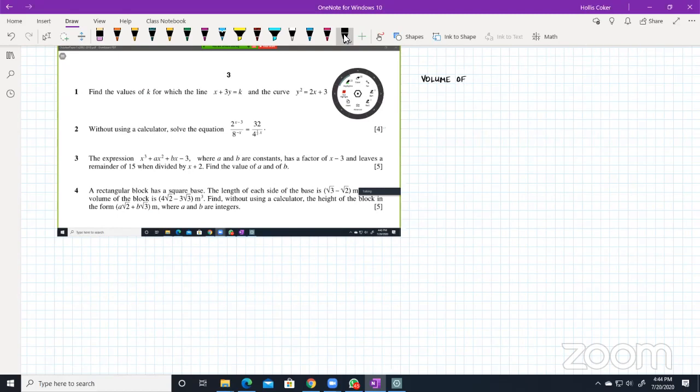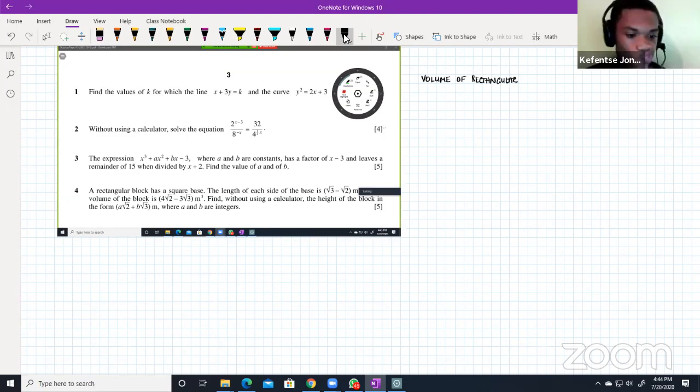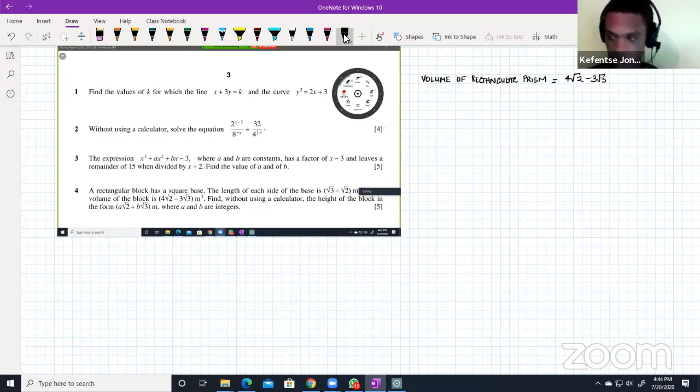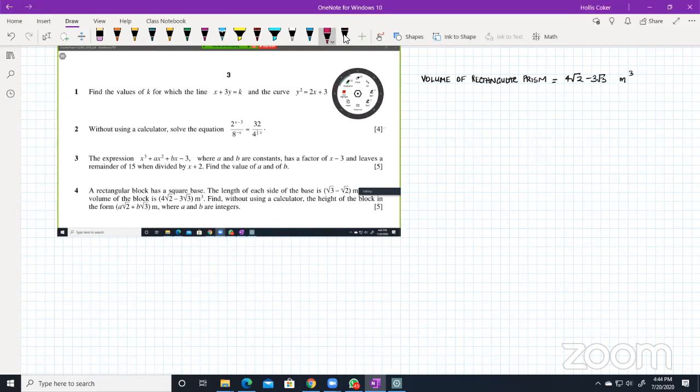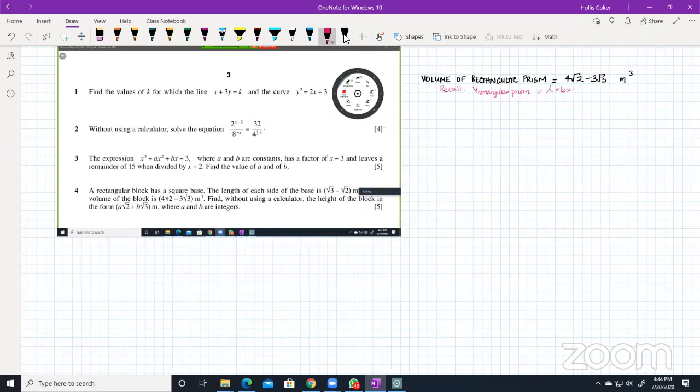Volume of rectangular prism is equal to, as I said in the question, 4 root 2 minus 3 root 3 meters cubed. I recall the volume of a rectangular prism is length by breadth by height.